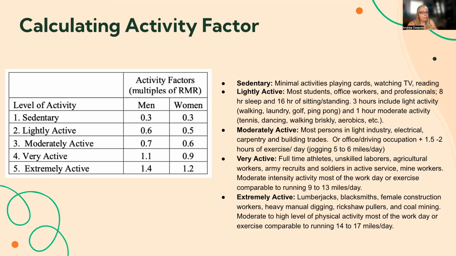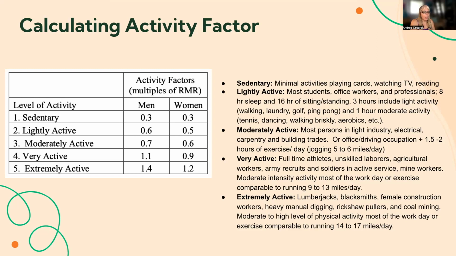1 hour of moderate activity. Then the moderately active are people that have very active jobs, electricians, carpenters, or somebody who has a lightly active job but exercises 1.5 to 2 hours a day at a moderate intensity, like maybe jogging 5 or 6 miles a day.